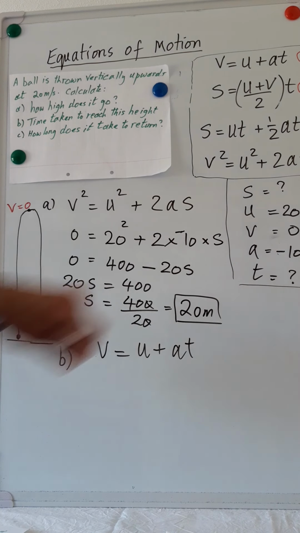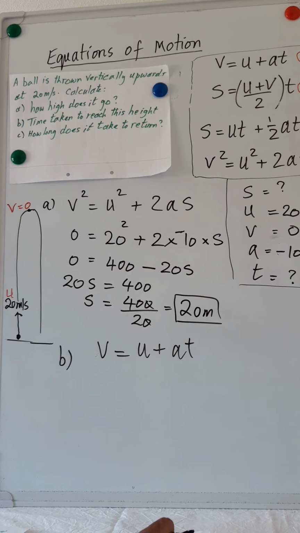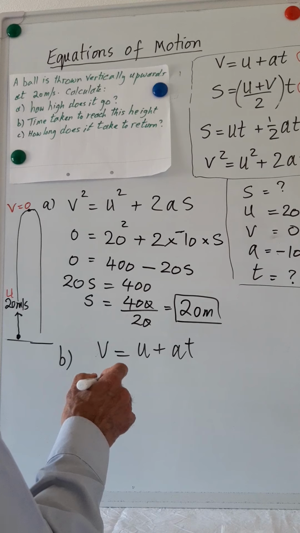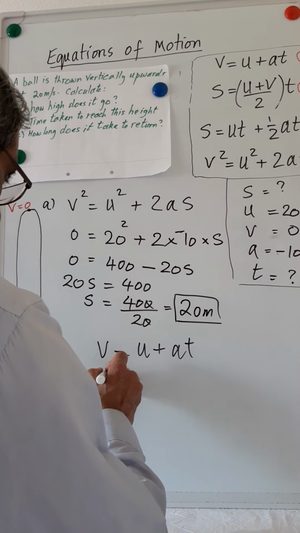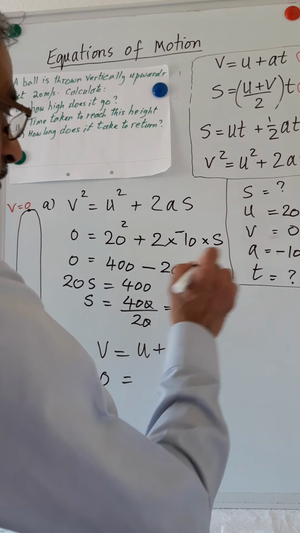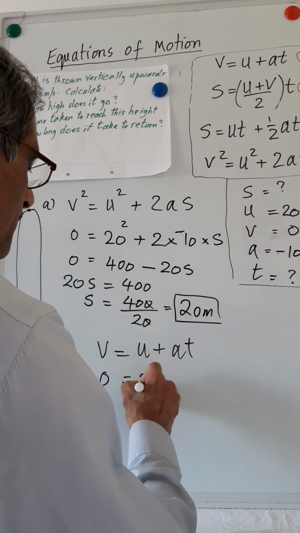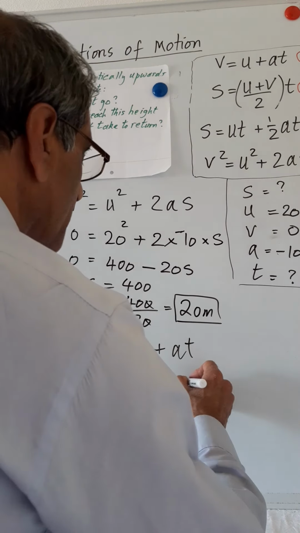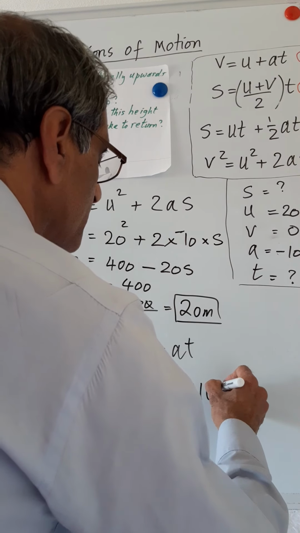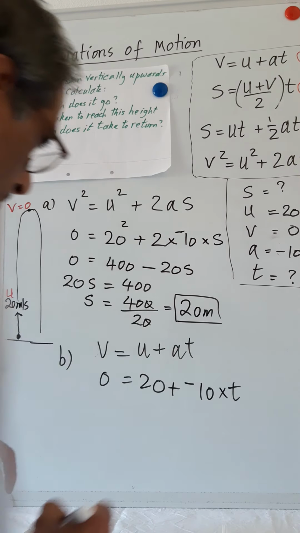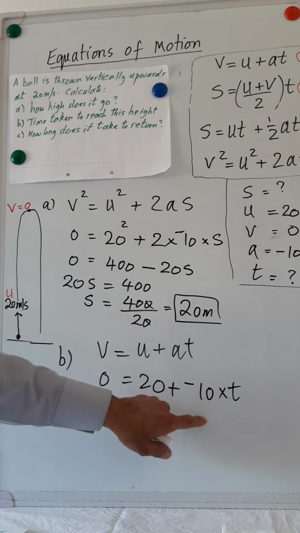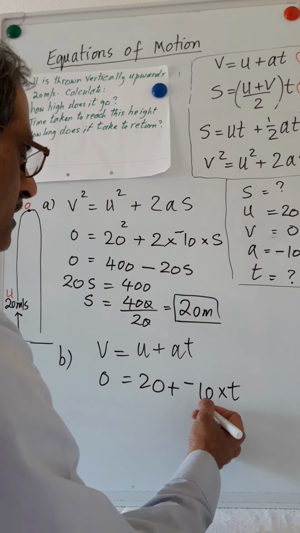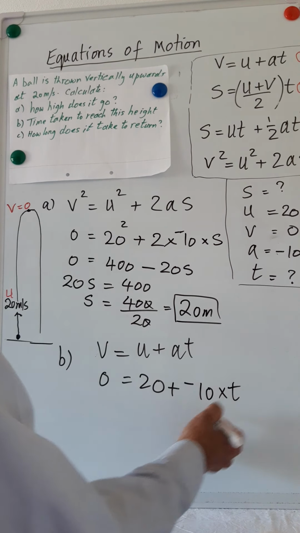Now the final velocity is 0. The initial velocity was 20, plus the acceleration, which is negative 10, times t. Minus 10 times t is minus 10t. Okay, bring it on this side.